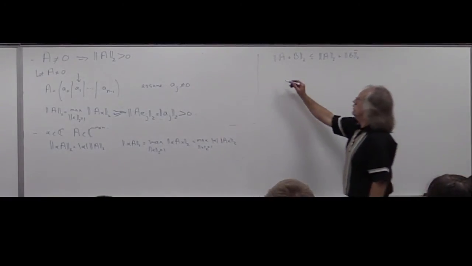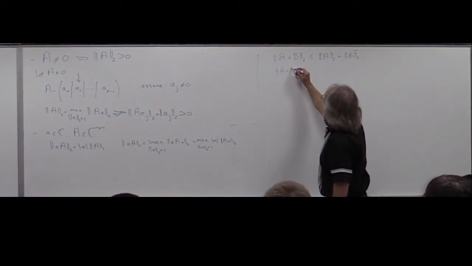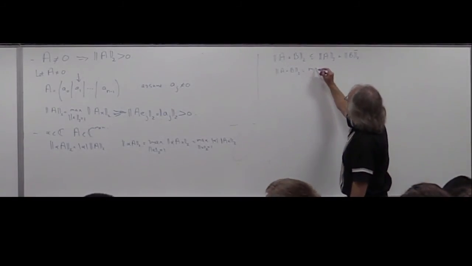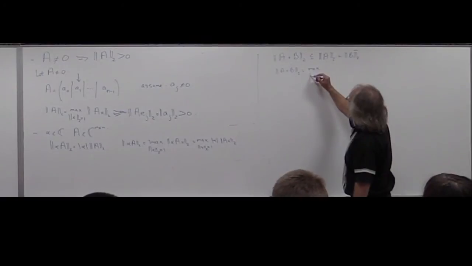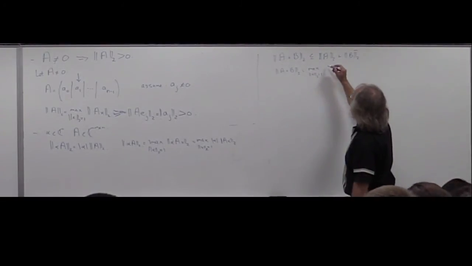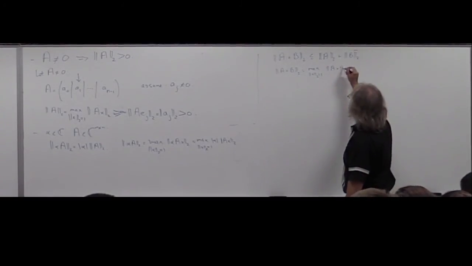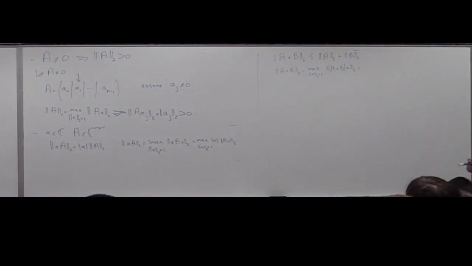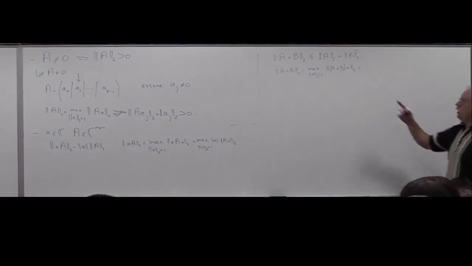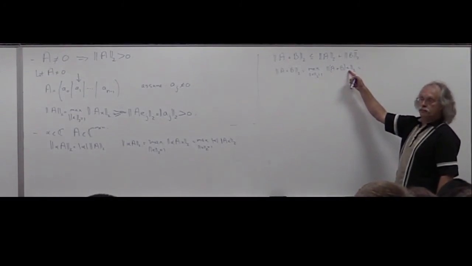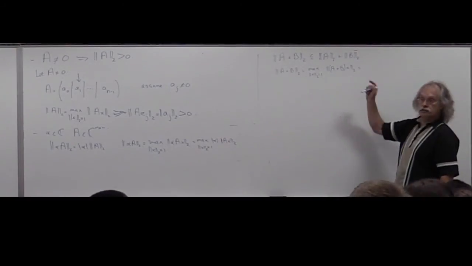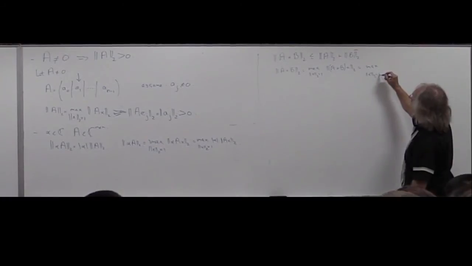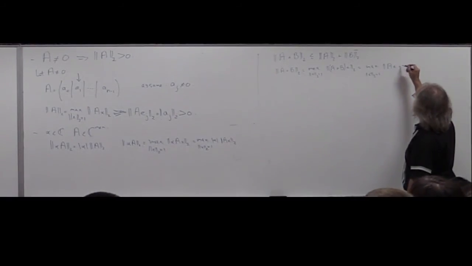You start with the left-hand side. You write down what the definition is of this. Okay? Then we know that if you add 2 matrices and then multiply that by a vector, that's the same as multiplying them separately. So we get the max over all x with norm equal to 1 of Ax plus Bx.